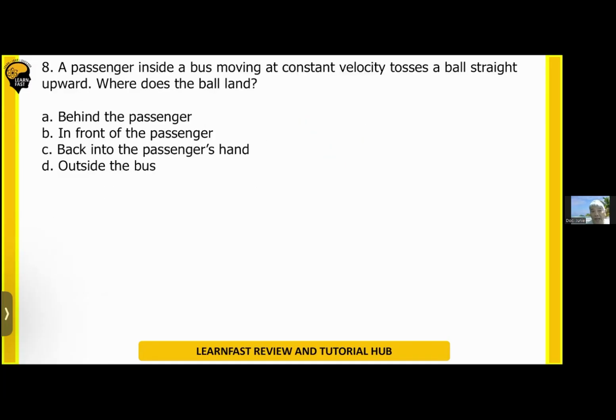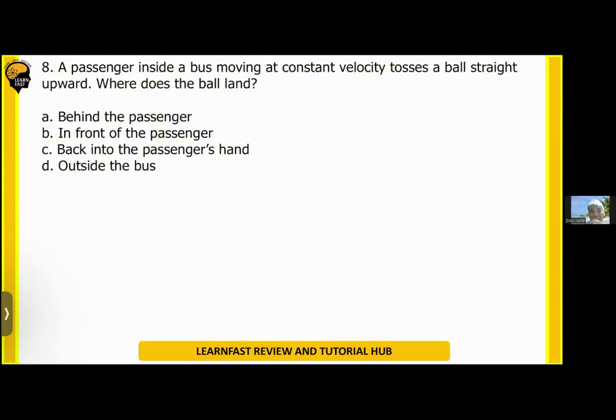Then let's have number 8. So let's try to train ourselves on how to observe for the patterns in the four options. Okay. So you would notice that there are two options that are saying opposite.